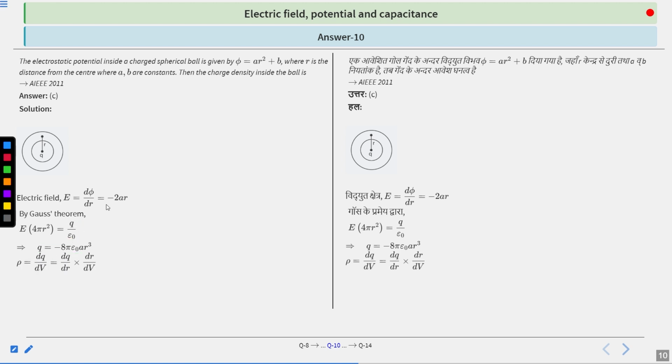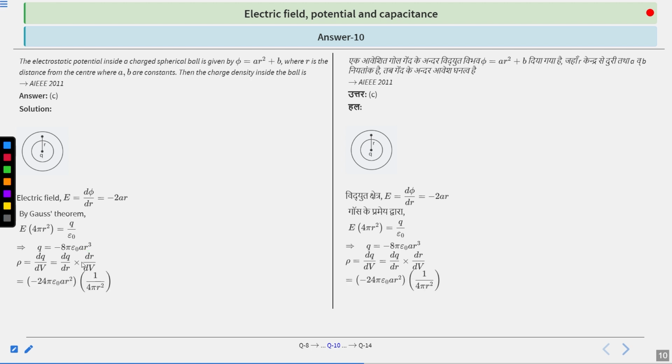So we have to find the charge density. Rho is equal to dq divided by dv, which is equal to dq divided by dr multiplied by dr divided by dv. We have used this method to calculate simply. Clear?